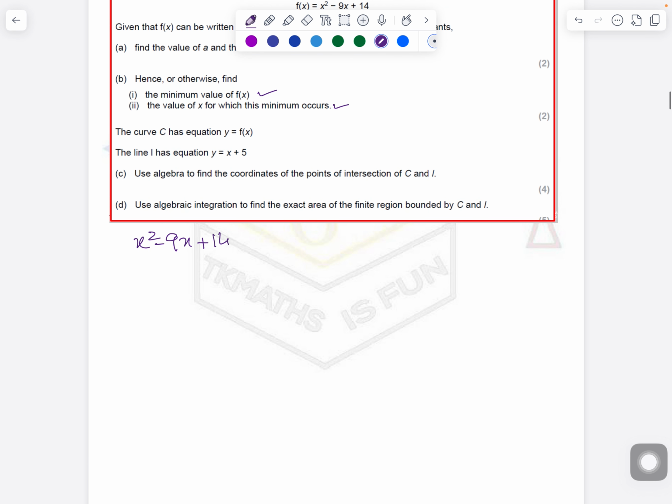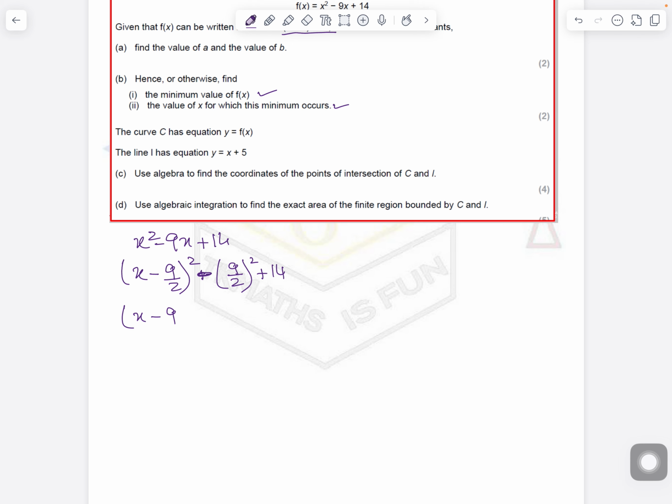So, same method, I will change this into completing square form. x minus 9 upon 2 whole square minus 81 upon 4 plus 14. You can use a calculator to simplify. I'm also using it. So it will become 25 upon 4.